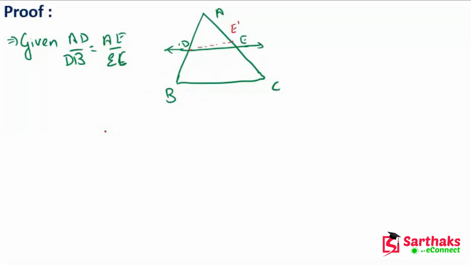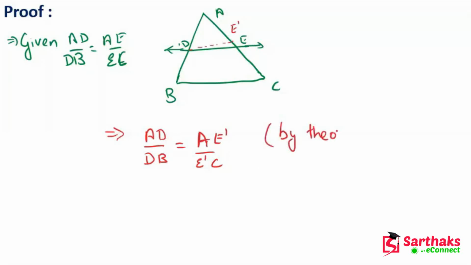Then in that condition, by theorem 1, we can write AD upon DB is equal to AE dash upon E dash C. This condition is by theorem 1.